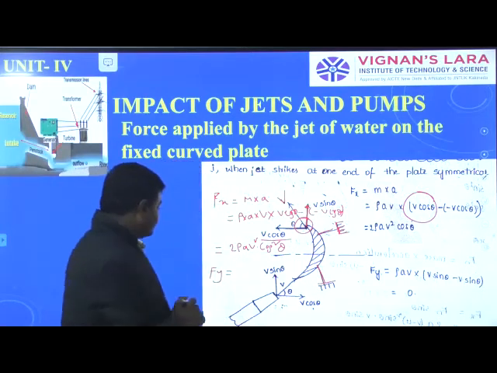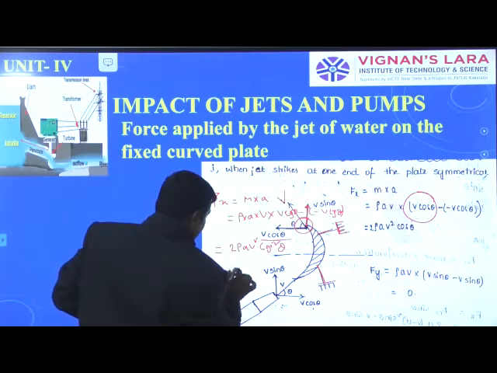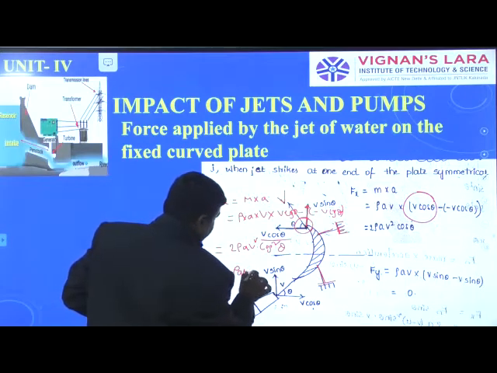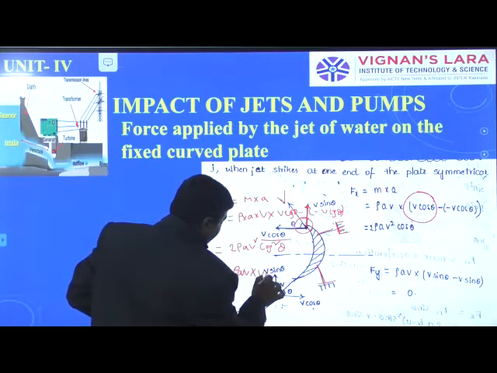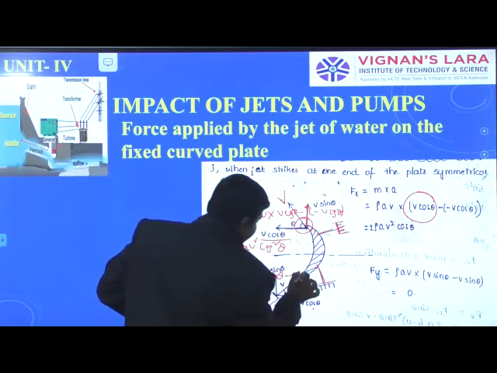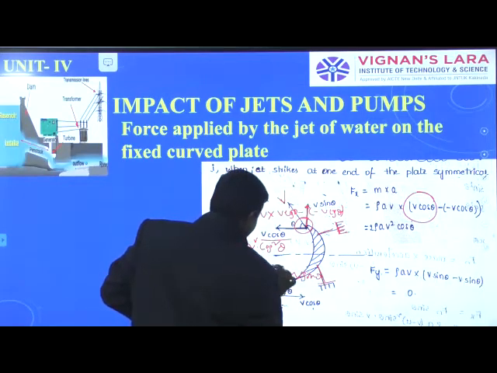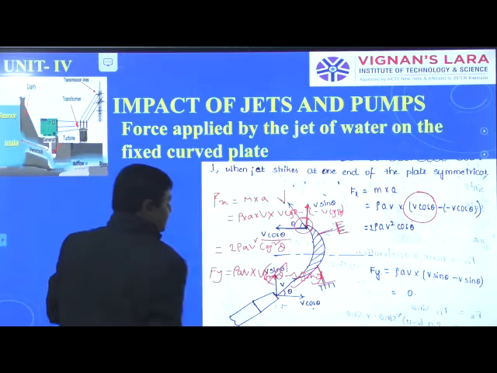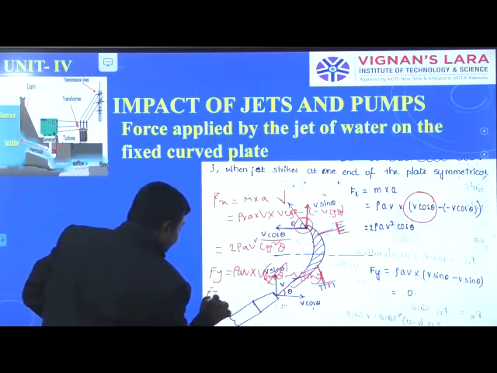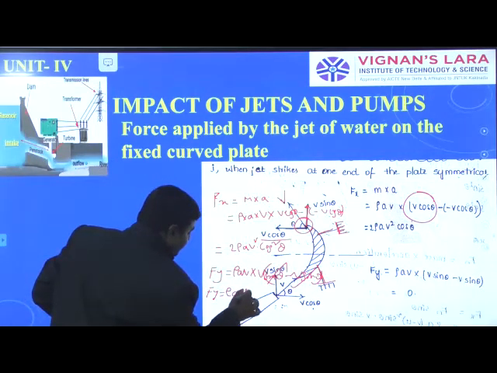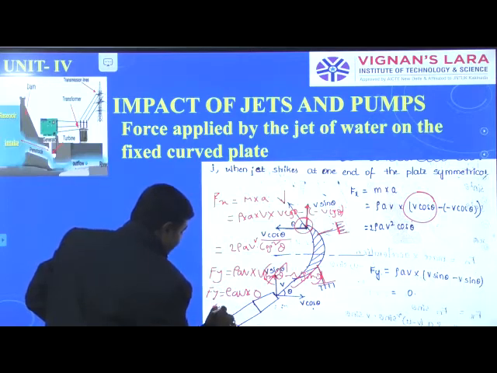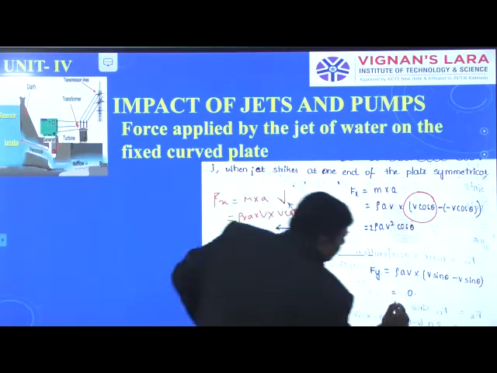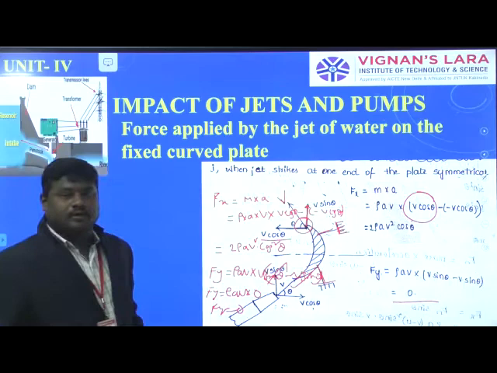Is it clear? So rho a v into v sin theta minus v sin theta. Here v sin theta and v sin theta cancel, so Fy equals rho a v into 0. So Fy equals 0. Is it clear?